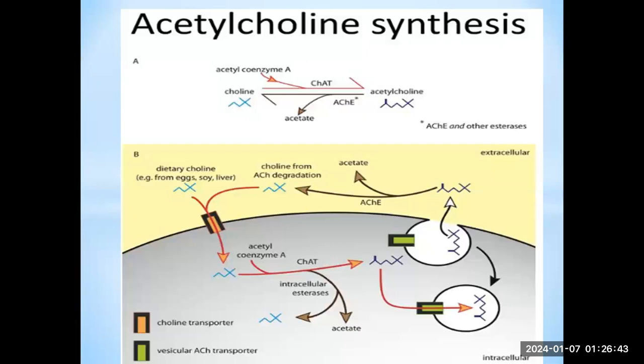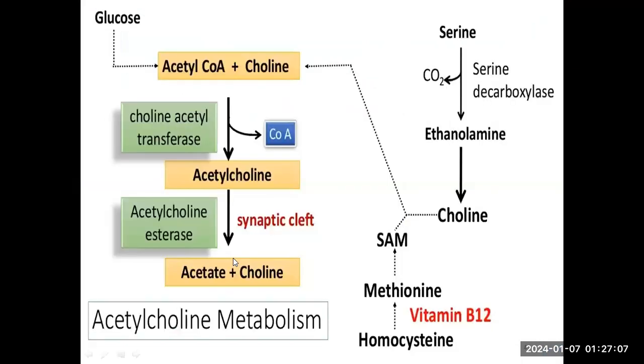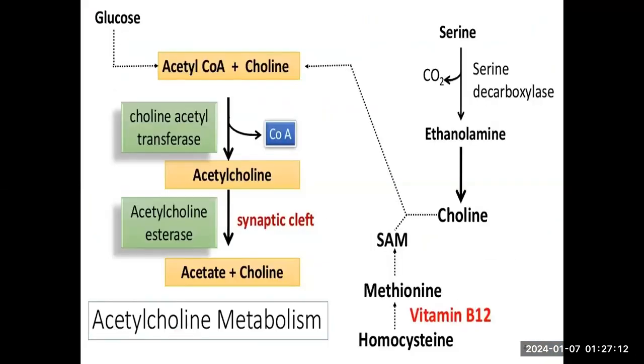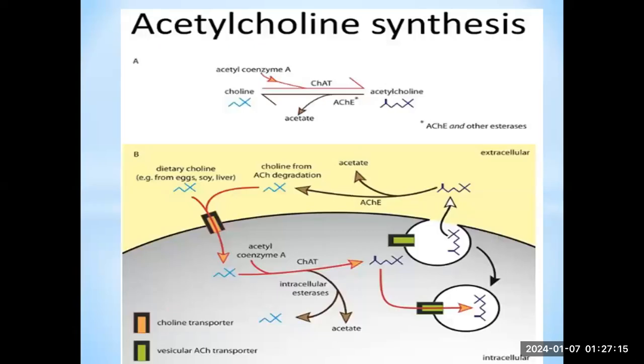There's another diagram showing the whole mechanism. Choline combines with acetyl coenzyme A, and choline acetyltransferase converts it into acetylcholine. Dietary choline comes from eggs, soya, liver, and so on. It enters from the extracellular to the intracellular space, and intracellular esterases break it into acetate and choline.